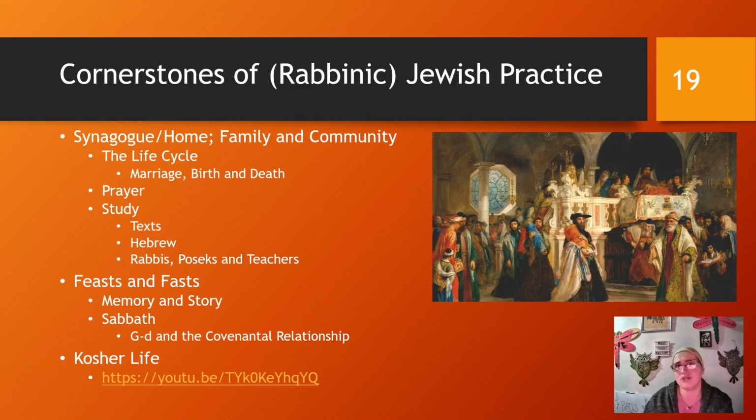Okay, so the cornerstones of rabbinic Jewish practice in the Middle Ages are actually things that I think most of us would recognize as consistent in many ways with what we know of rabbinic Judaism today. An emphasis on synagogue and on home, on family and community.